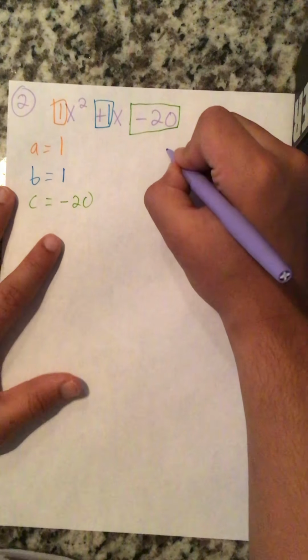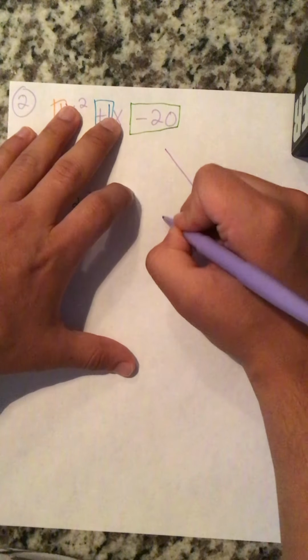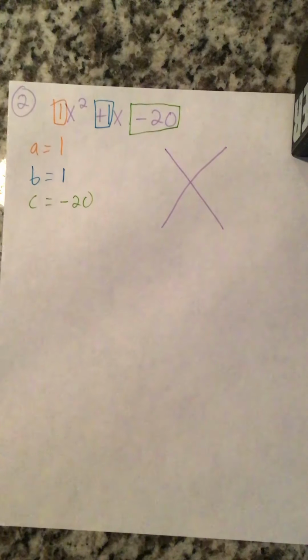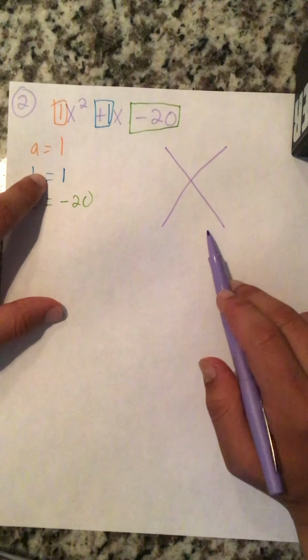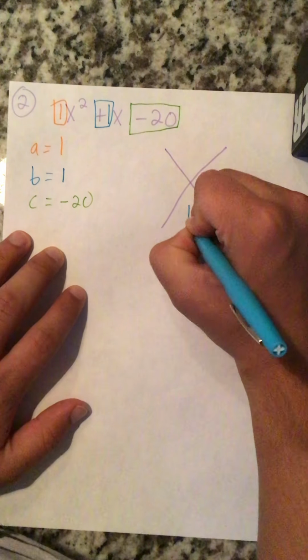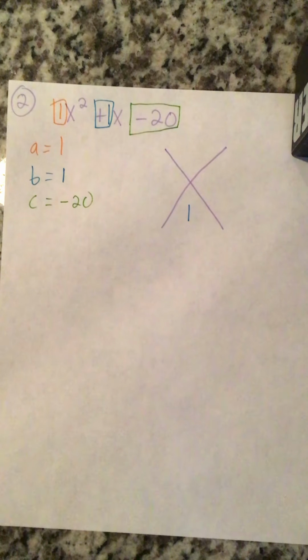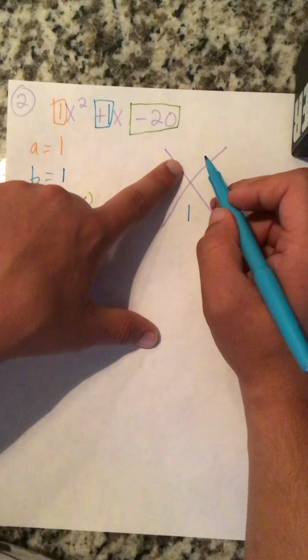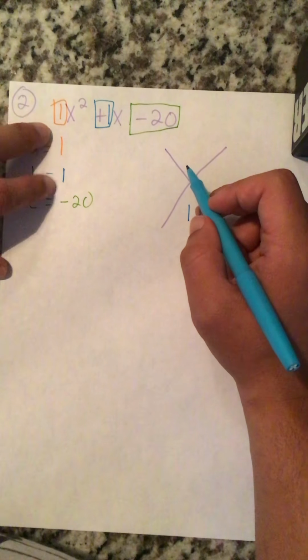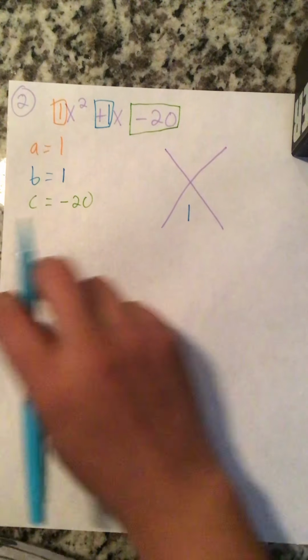So let's go to our x. We draw the x. Remember, we always start by writing our b at the bottom here. My b value for now is 1, so we write that 1. At the top, we put a times c. So 1 times negative 20 is negative 20.